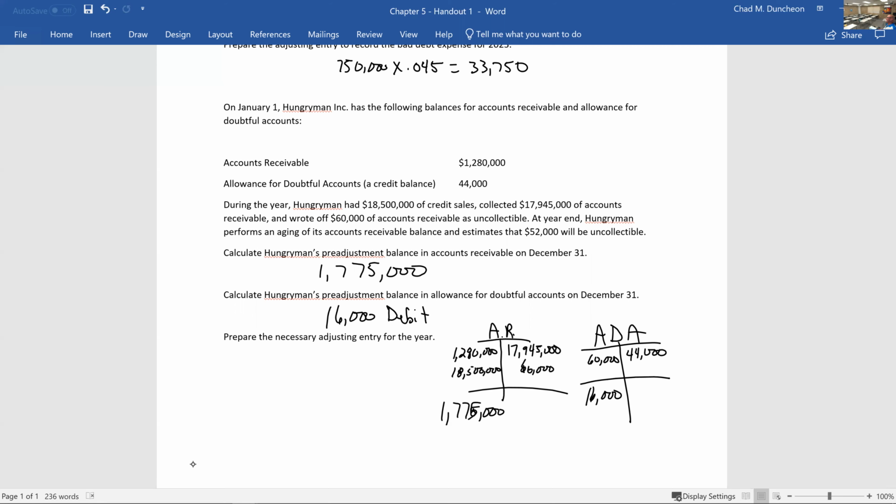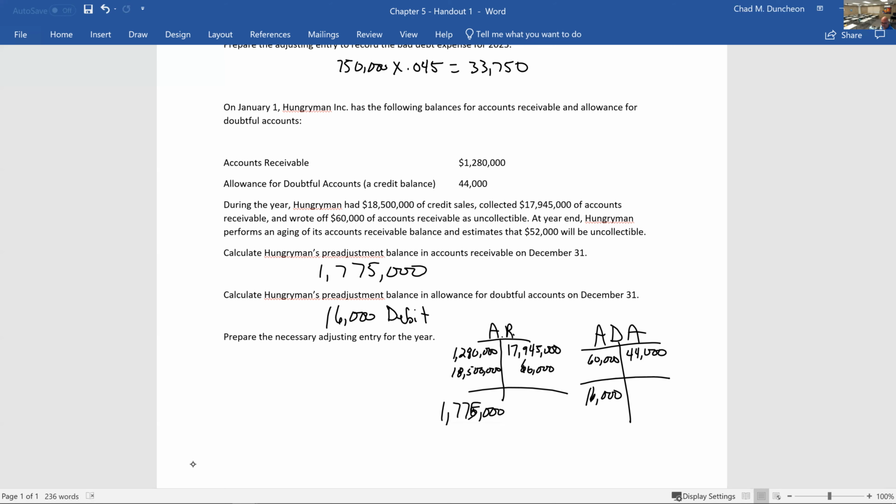That means they did not estimate enough beforehand. If it comes in with a debit balance, our bad debt expense was too low. We did not estimate enough, so we're going to have to estimate a little more this time. If we had a credit balance, like the 44,000 at the beginning, it means they expensed more than actually happened.